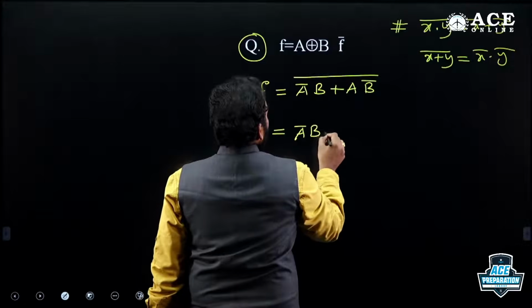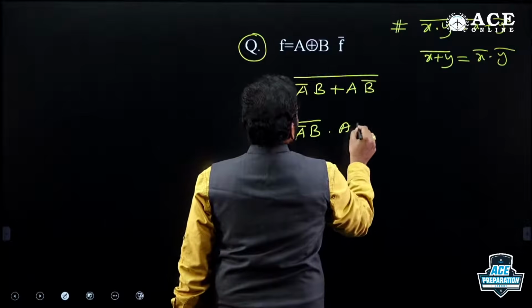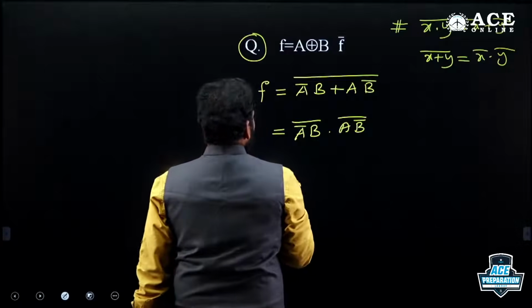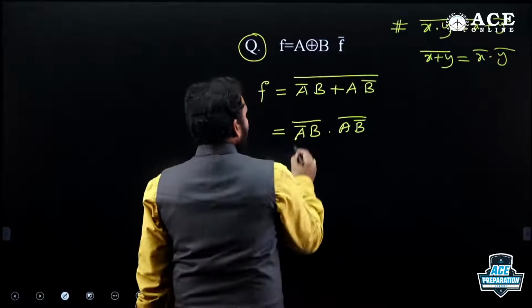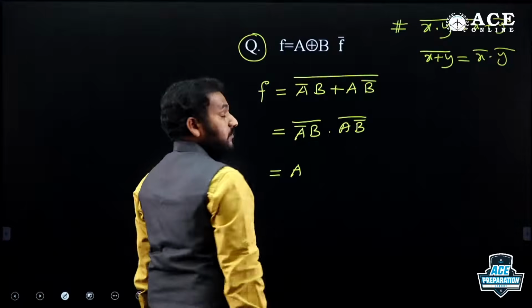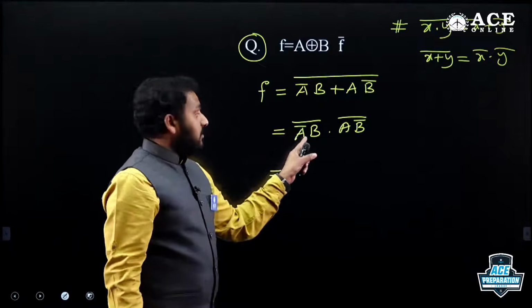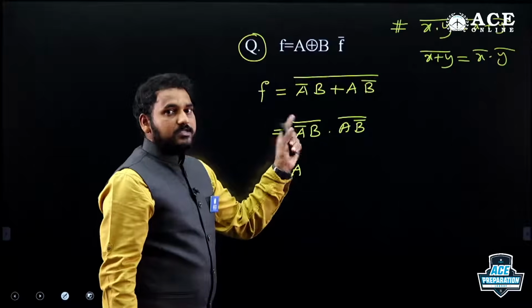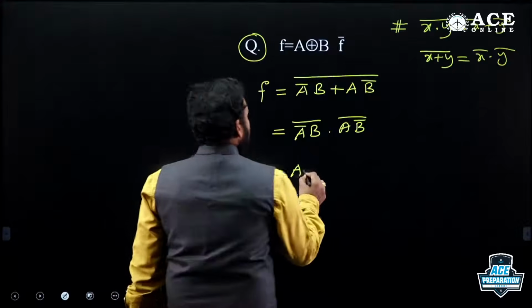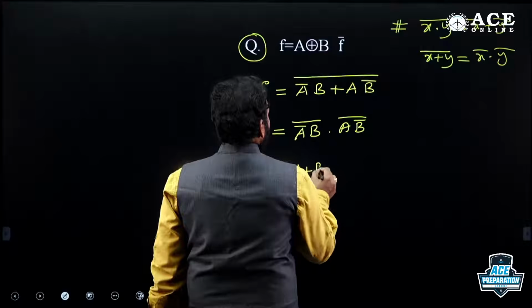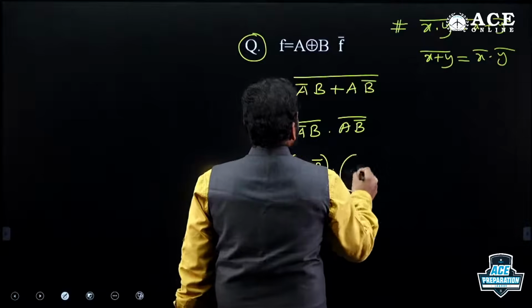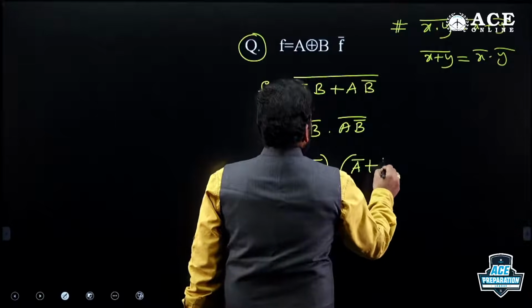So, (A bar B) whole bar dot (A B bar) whole bar. A double bar, again apply De Morgan's, A double bar plus B bar. Double bar means simply A. A plus B bar, dot A bar plus B.